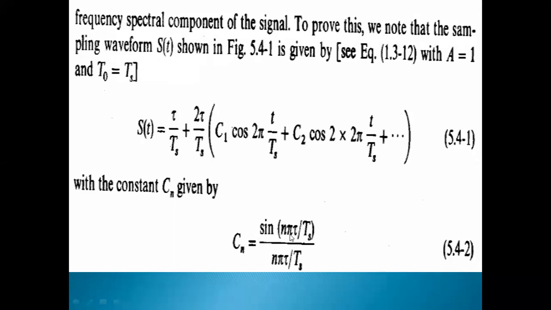So now Cn is equal to sin of n pi tau by Ts divided by n pi tau by Ts. That is Cn.